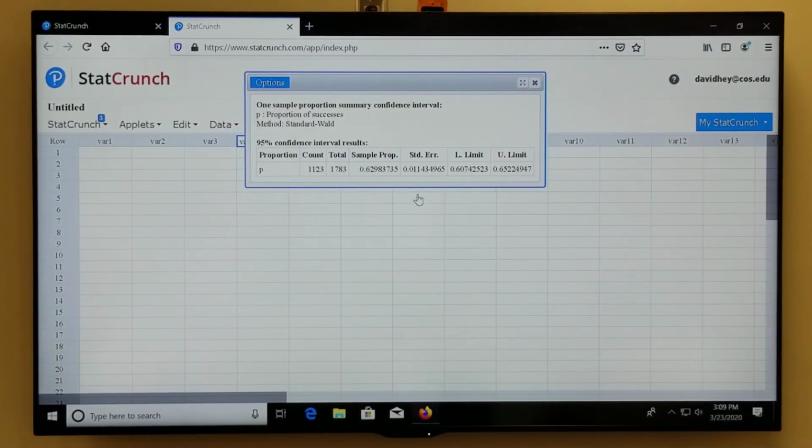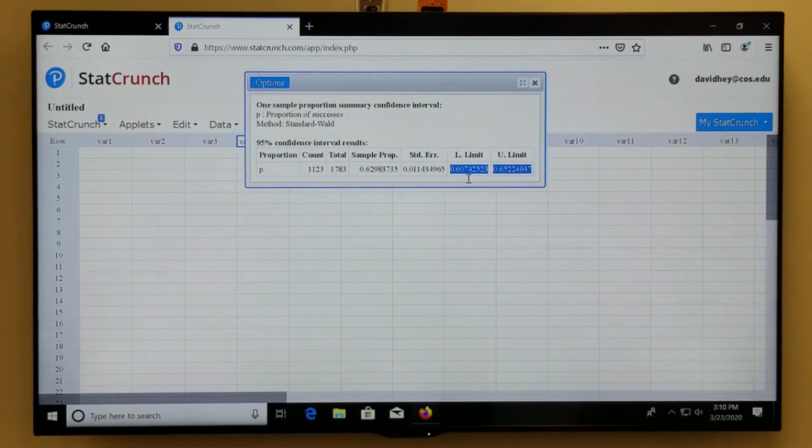It gives you a whole bunch of information. It tells you what the sample proportion is, for example. So the sample proportion, 1123 out of 1783, is equal to about 63%. I believe that this is the standard deviation for p hat, sigma sub p hat. I could be wrong about that. These two numbers here, though, are what we're looking for.